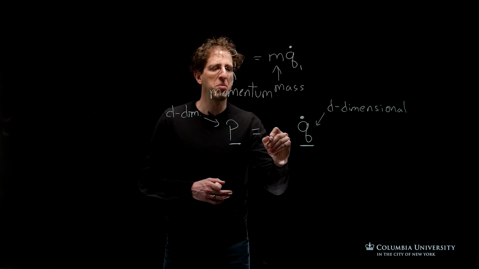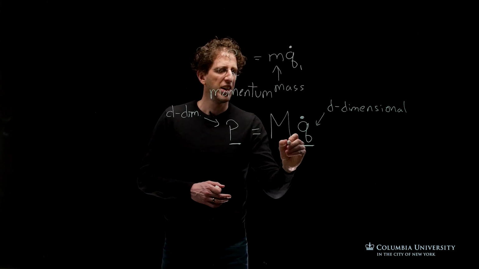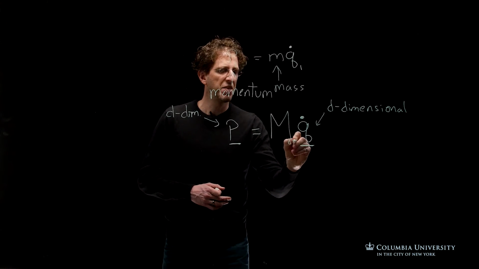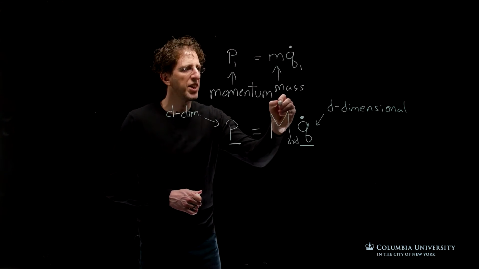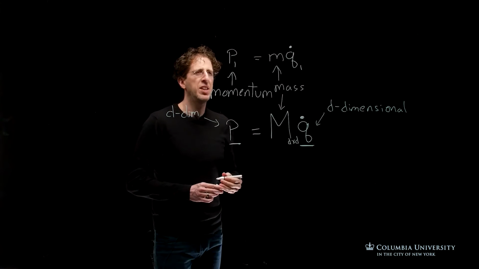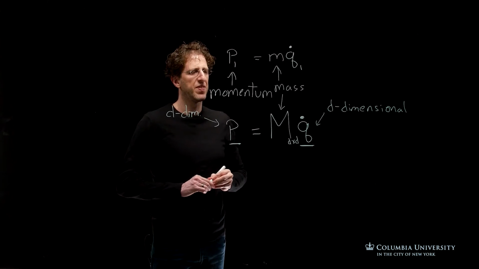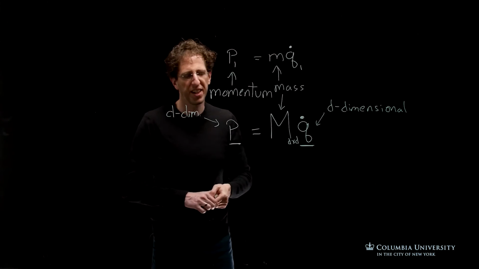That's right, it's going to be a matrix that has dimensions d by d. And this matrix M is going to be the mass. Now, what does this matrix look like?